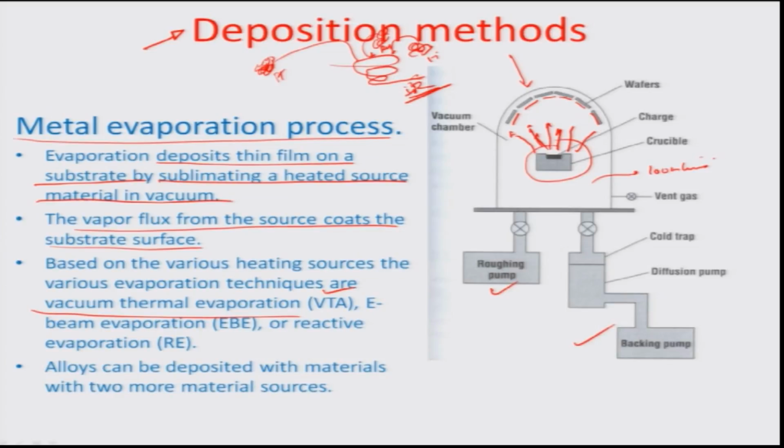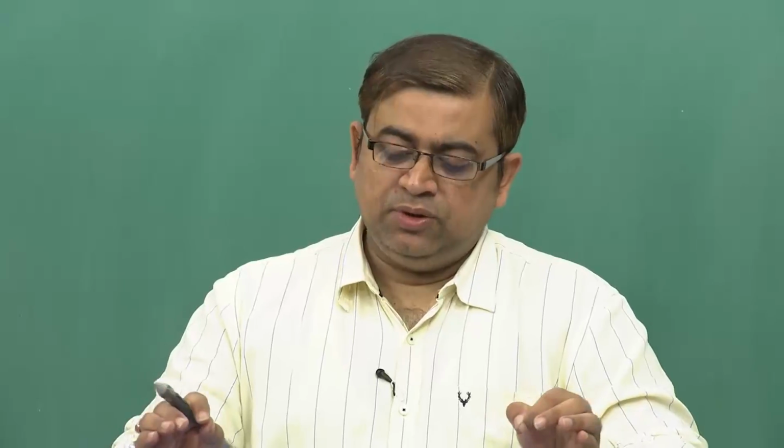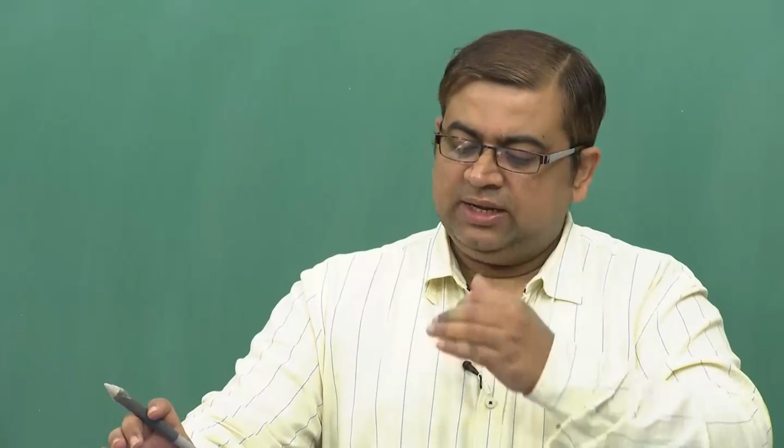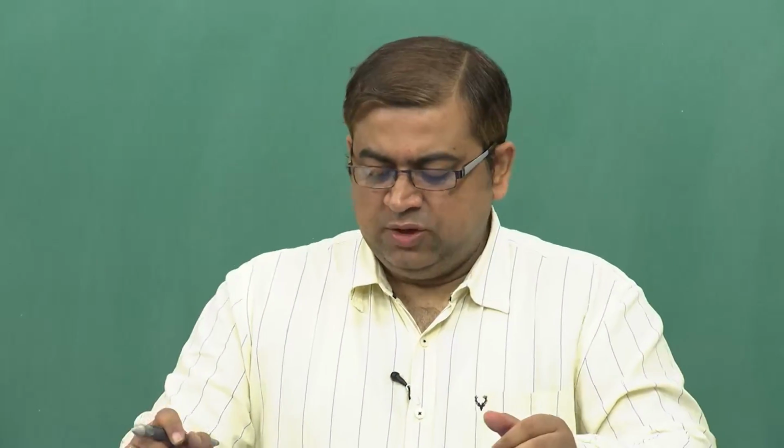You need a very clean atmosphere for depositing metals, because otherwise, if there is oxygen and other impurities, the metal film that is formed tends to have impurities, and the conductivity may not be as high as pure metal. So you really need to do it at a very high vacuum level.